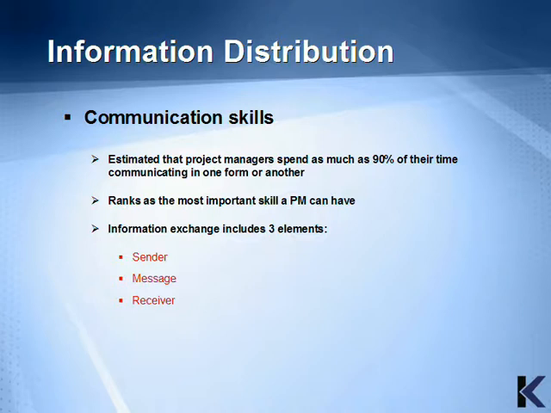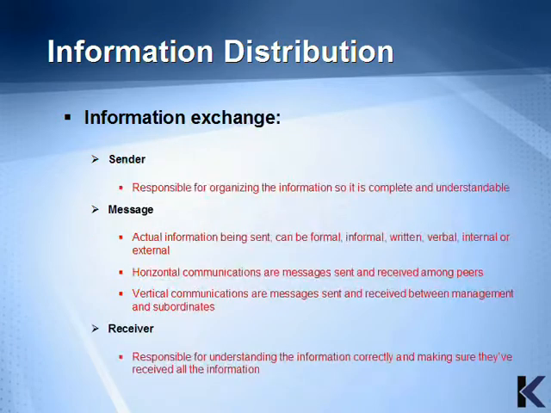Information exchange includes three primary elements: the sender, the receiver, and the message. The sender is responsible for organizing the information so it's complete and understandable. The message is the actual information being sent. It can be formal, informal, written, verbal, internal, or external.